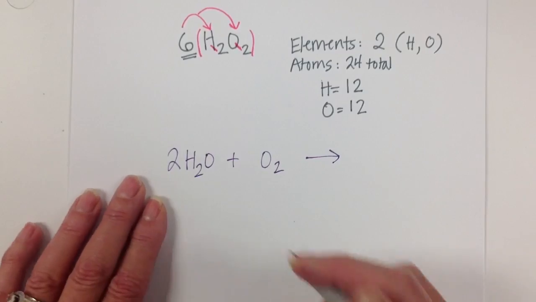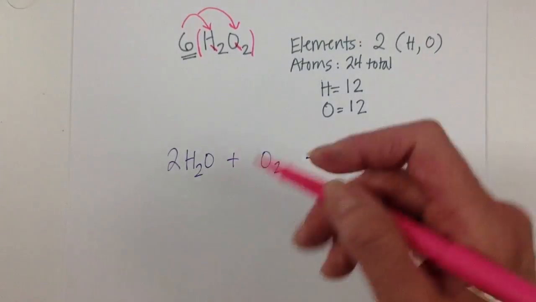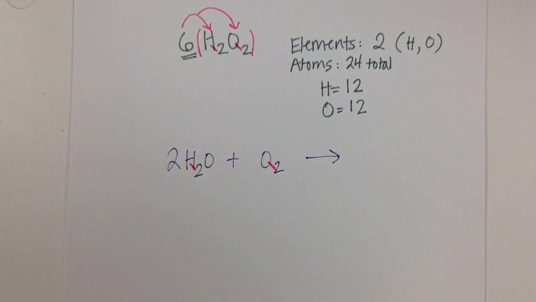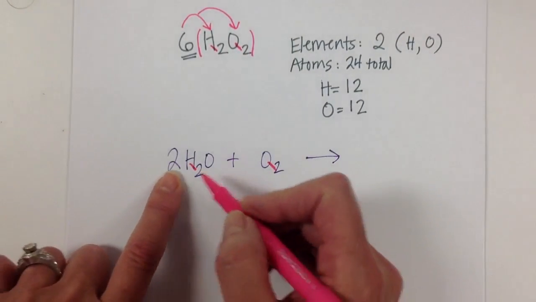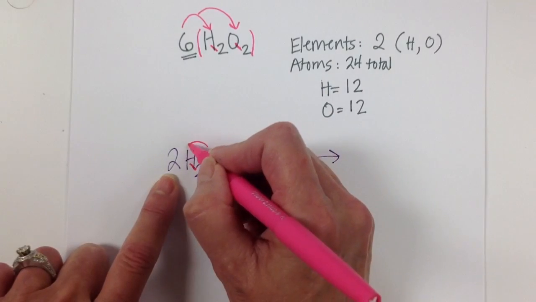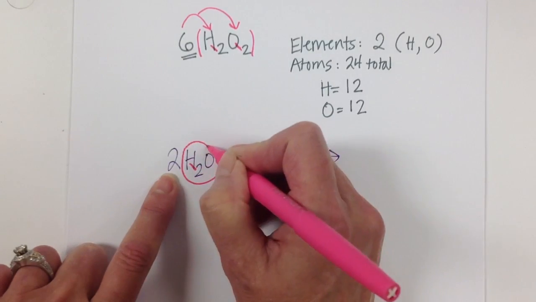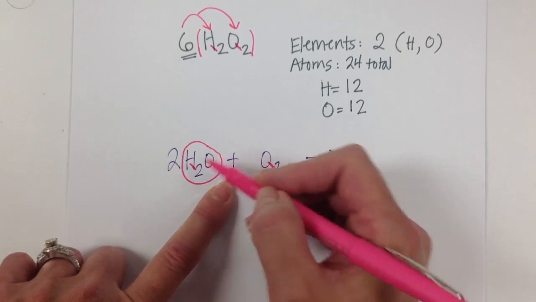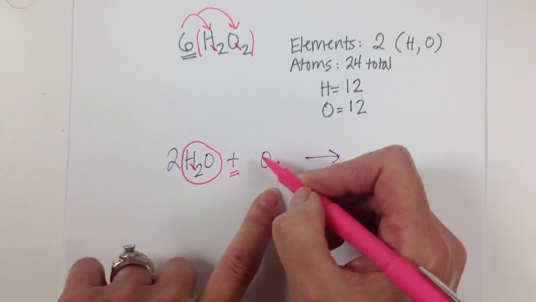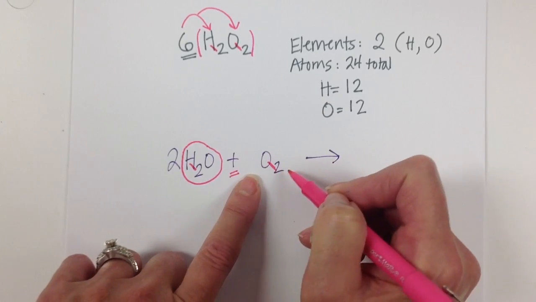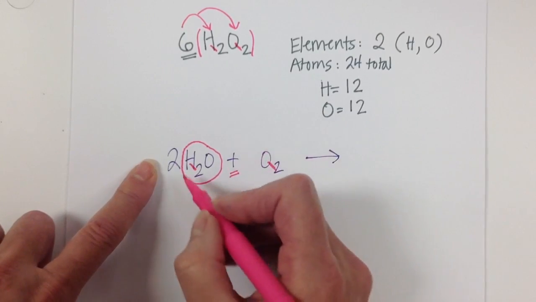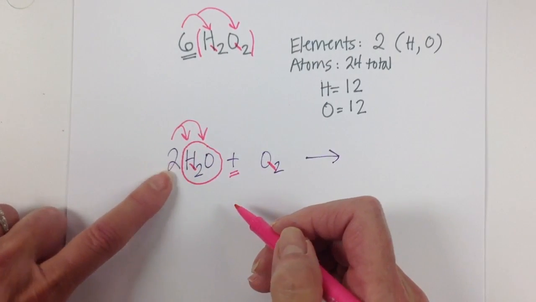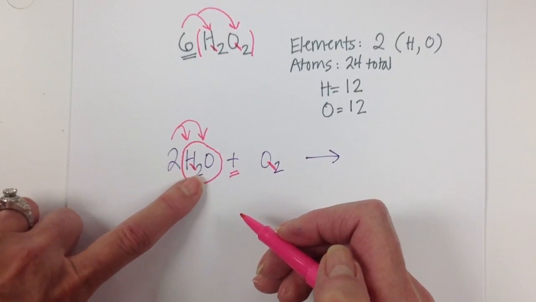We know these subscripts only go with the elements that are directly in front of them. But we also know that this coefficient only describes the molecule directly behind it. So if you reach a plus sign of any sort, then the coefficient no longer applies. There's no coefficient here. It doesn't have one. For this water molecule, the coefficient tells me there are 2 water molecules here.